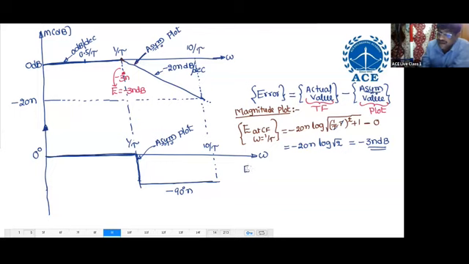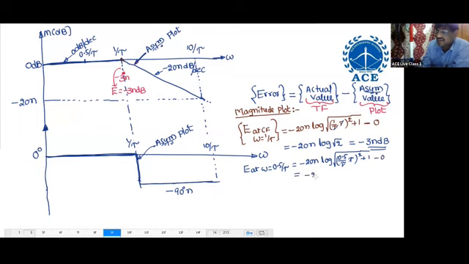So the error at omega equal to 0.5 by tau: minus 20n log of root of (0.5 by tau into tau) whole square plus 1. Tau and tau cancel. The asymptotic value at 0.5 by tau is 0, so minus 0. Now what is the answer?